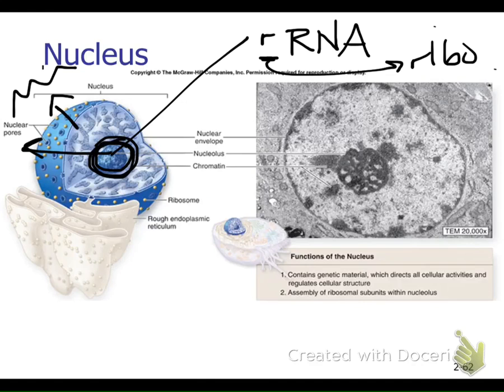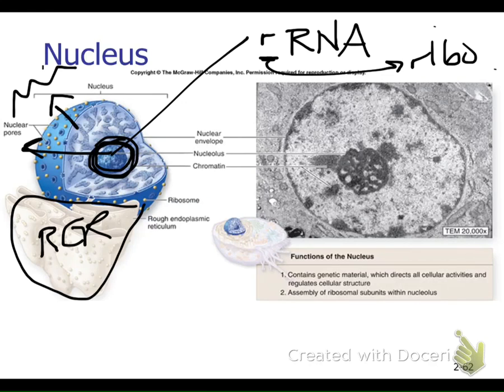So the major building blocks for ribosomes have to get out of the nucleus into the cytoplasm. They have to have a way to get there. So they're going to pass through these nuclear pores. And then where do they go? Many of them are attached right here to the rough ER. Not all of them, right? Some of the ribosomes are what? Freely floating. They're just sitting out here in the cytoplasm. They're not necessarily attached to the rough ER.